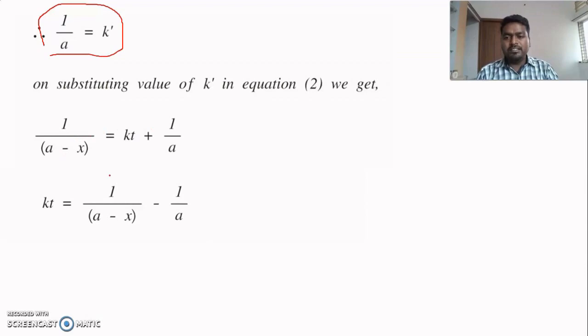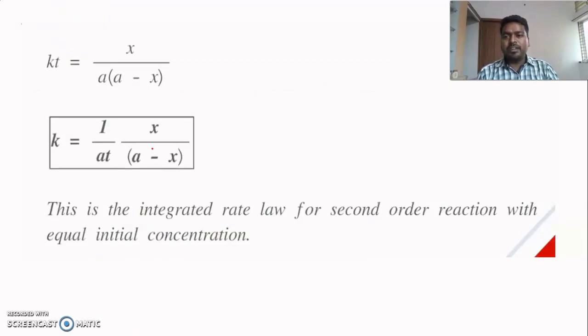Then if you rearrange this equation, take kt to the LHS and send (a minus x) to the right hand side, you get kt is equal to 1 divided by (a minus x) minus 1 divided by a. If you further simplify by taking the LCM, you get kt is equal to x divided by a into (a minus x).